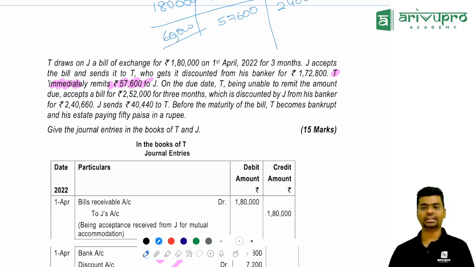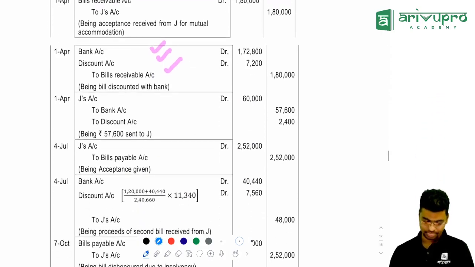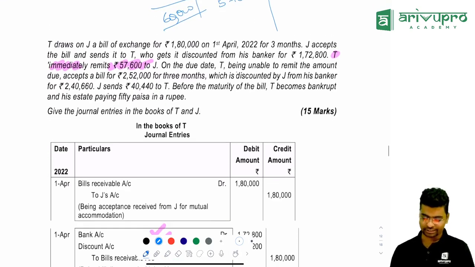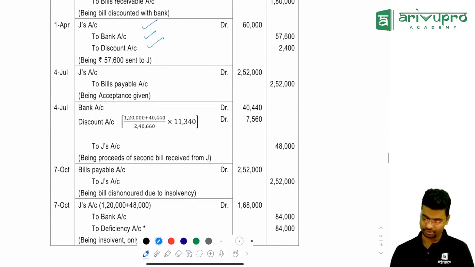So what's the journal entry for remitting the money? J, bank, discount. Then after that, on the due date T is unable to pay the bill, so you have drawn a new bill for 252. So this time it will become bills J account to bills payable.